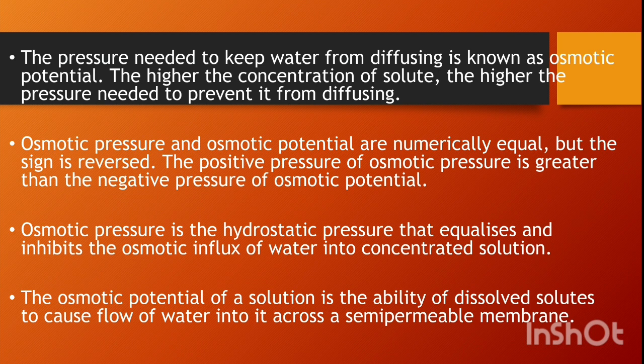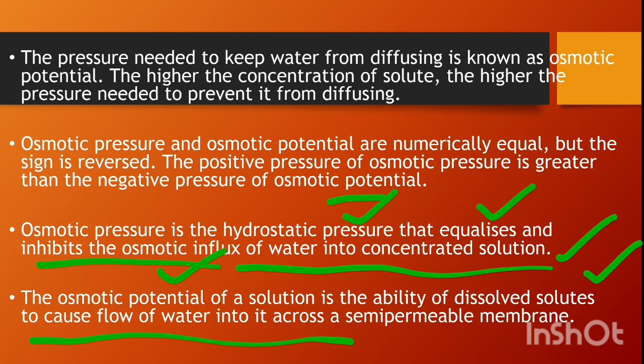The positive value is osmotic pressure and the negative value is osmotic potential. Osmotic pressure is the hydrostatic pressure that equalizes and inhibits the osmotic influx of water into a concentrated solution. Then the osmotic potential of a solution is the ability of dissolved solute to cause flow of water into it across a semi-permeable membrane.